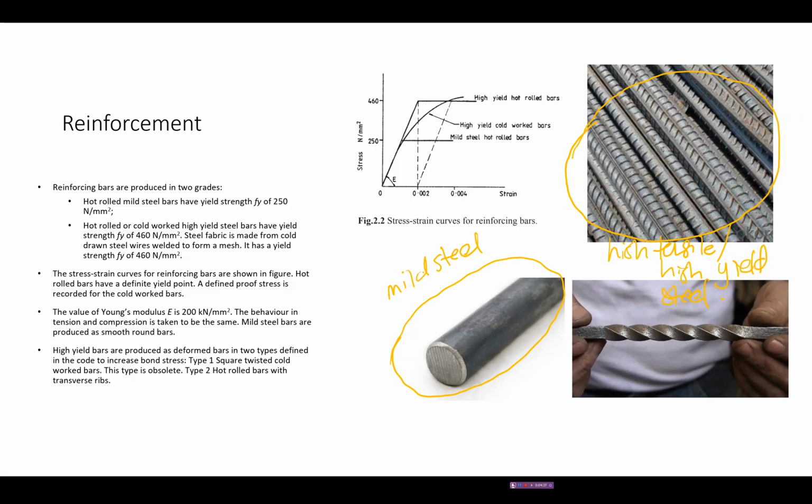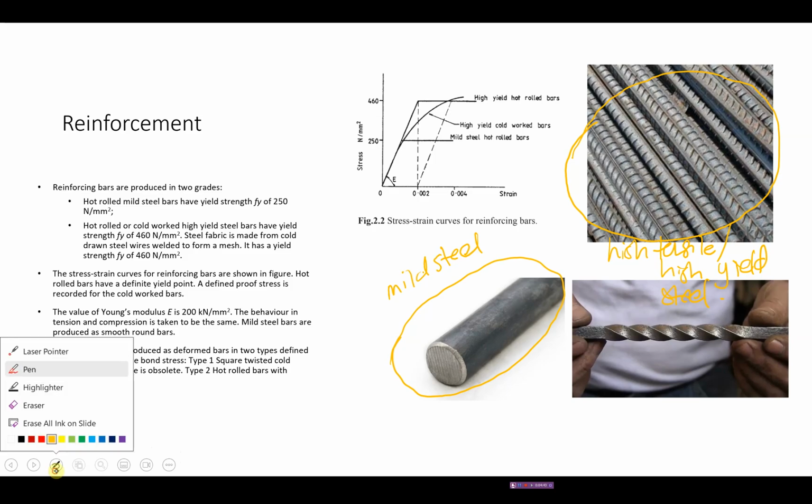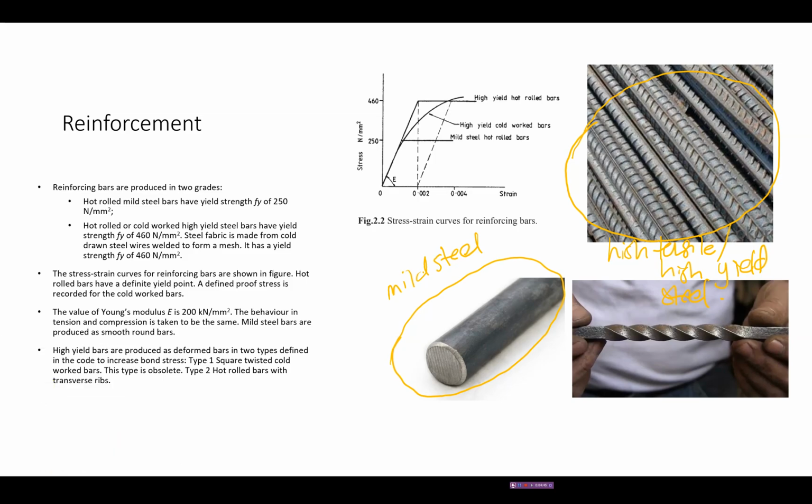For Fy460, it refers to the high tensile steel. And for mild steel, Fy is 250.